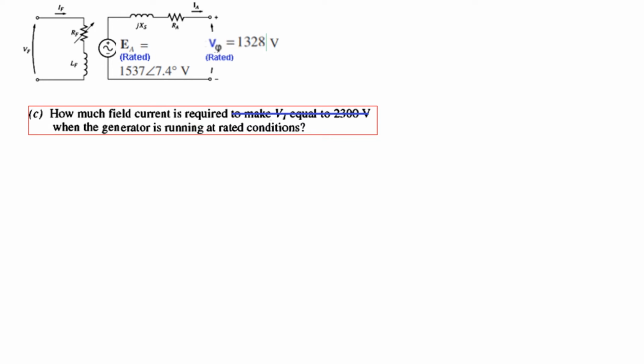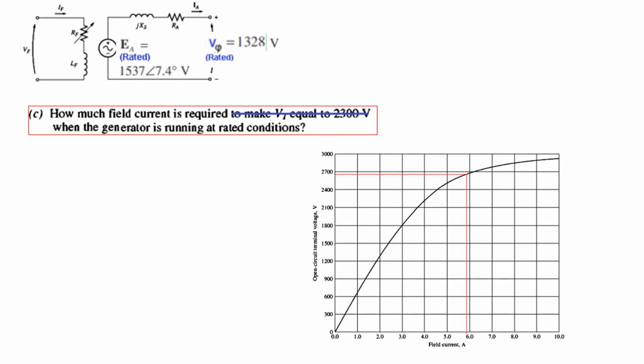And you know that for the field current we need two things: the terminal voltage and the open circuit characteristics curve. So this is the open circuit characteristics curve. If we know the open circuit terminal voltage, we can find the field current.